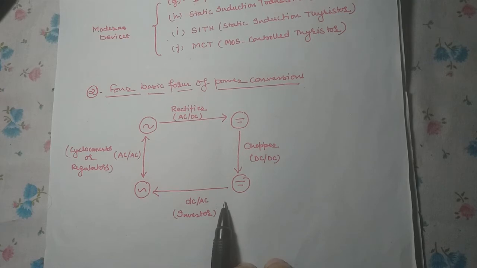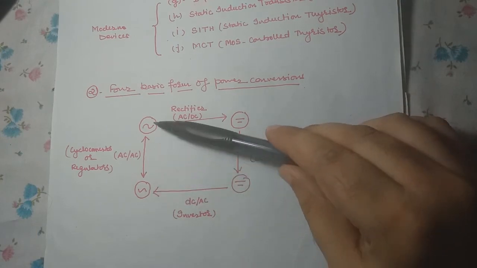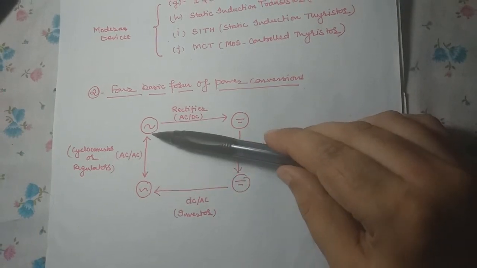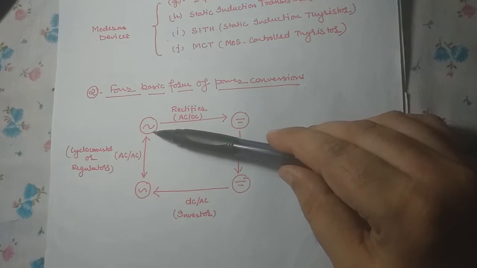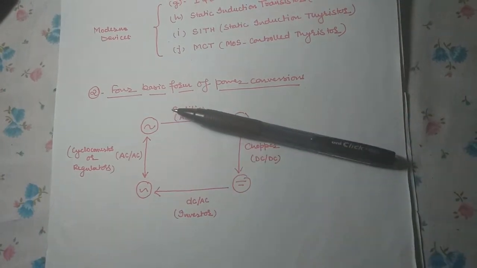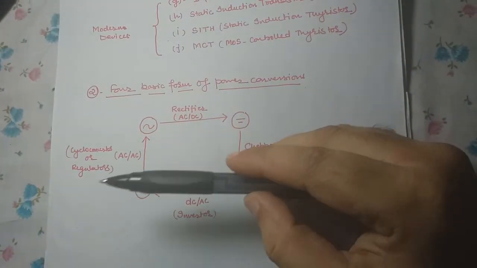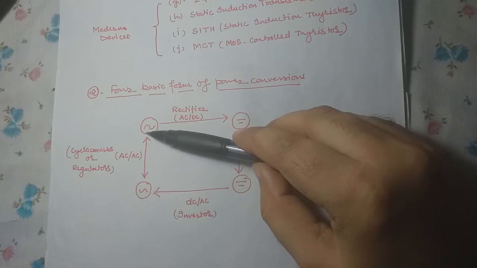Now, coming to the fourth type of converter, that is AC to AC. If we are talking about AC to AC converters, then there are two types of change being considered here.